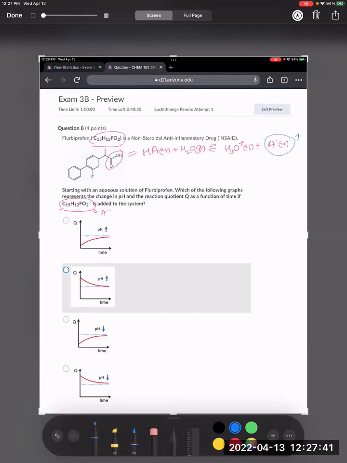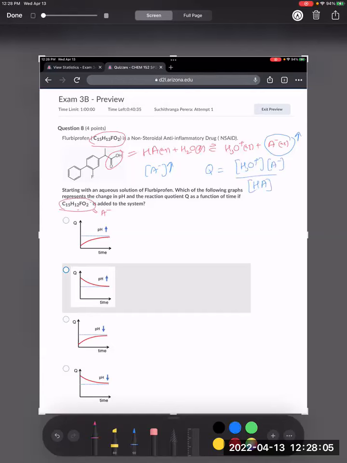Now, what they're doing here is adding A minus. You're going to increase the concentration of A minus. You know that the reaction quotient Q is the H3O plus concentration times the A minus concentration divided by the reactant concentration, which is the HA concentration.